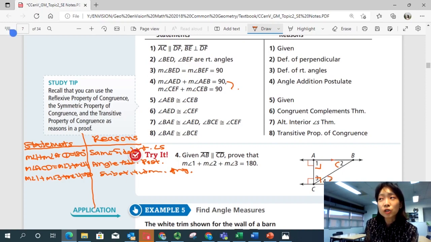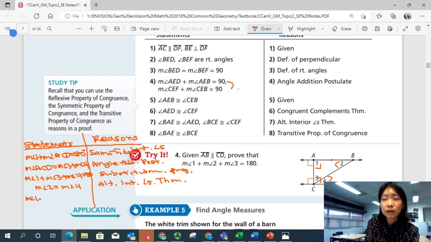That's a transversal that touches those two parallel lines, right? So first, simply state that measure of angle 2 is equal to measure of angle 4 by alternate interior angles theorem. And so by substitution, again, you can say that measure of angle 1 plus measure of angle 2 plus measure of angle 3 is equal to 180 degrees.